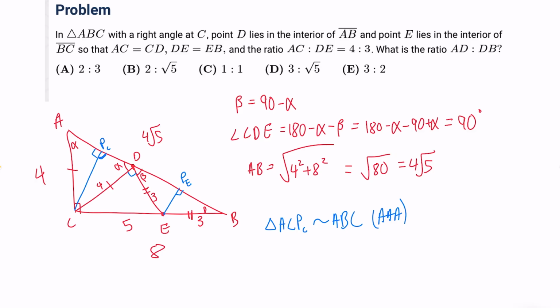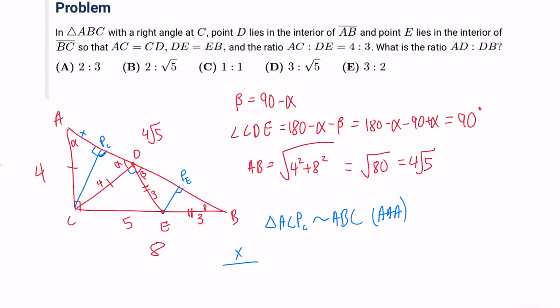So because we have this similarity, I'm going to use some ratios. Because ultimately we want to find out AD and DB, I'm going to set APC to be x. So x over what it corresponds to, which is AC, which is 4, is equal to the hypotenuse, which we know AC is still 4, over the hypotenuse of ABC, which is 4 times the square root of 5.